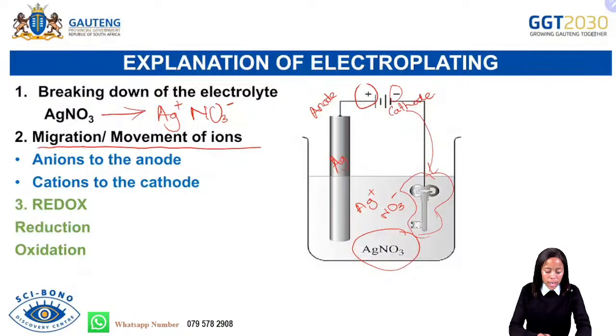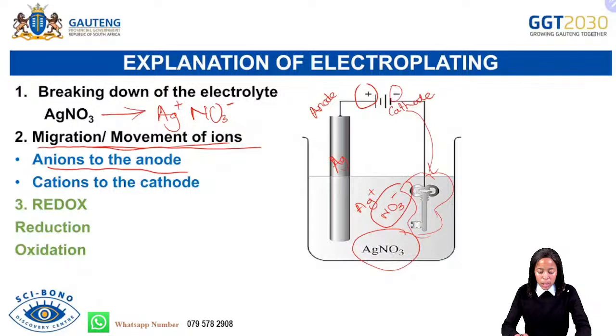So from there, when it comes to the migration or the movement of ions, the anions, remember we said they are going to migrate to the anode. So the anions in this case are represented by what? By NO3 minus, and the cations are going to migrate to the what? Are going to migrate to the cathode.